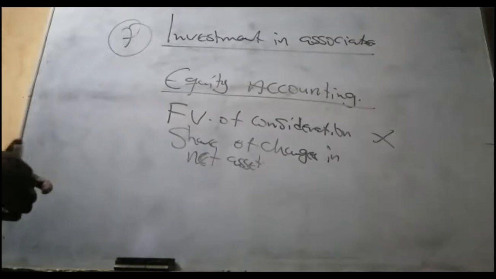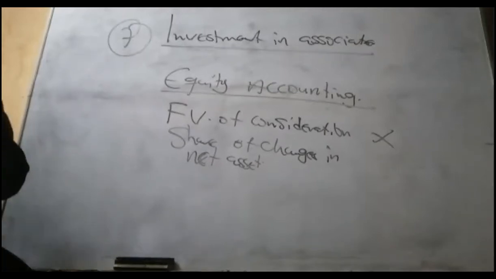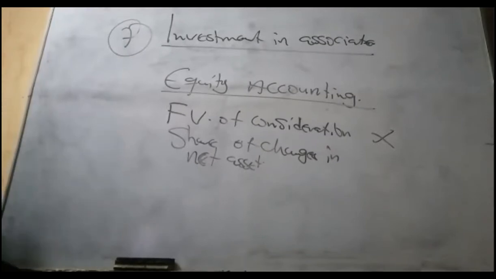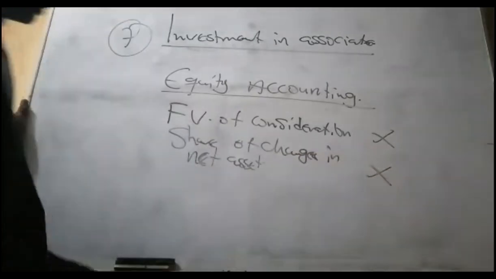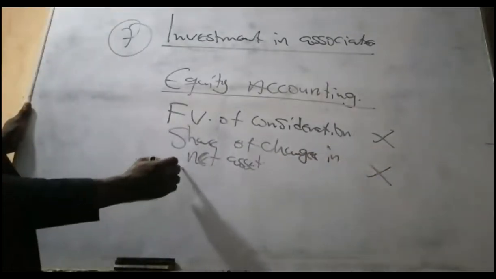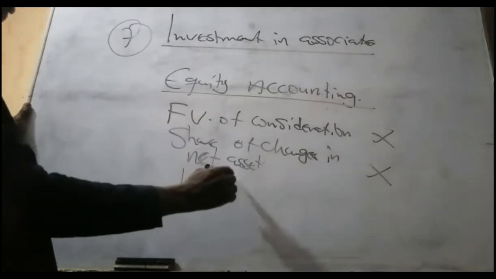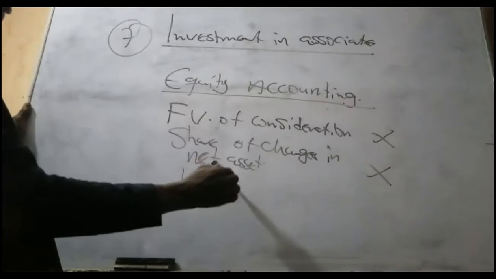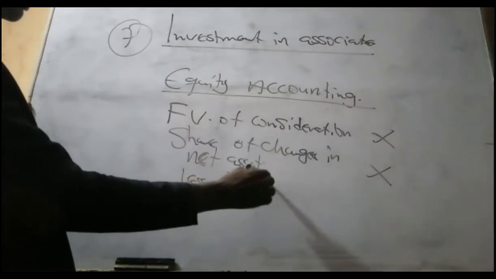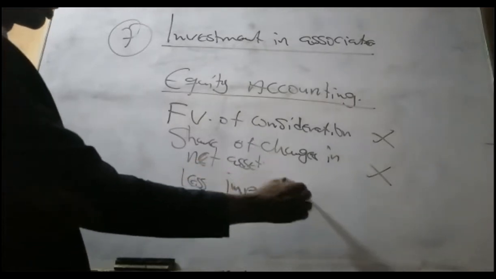Then you go to the third one, less any impairment. I'll pick a question where there's impairment affecting the associate.